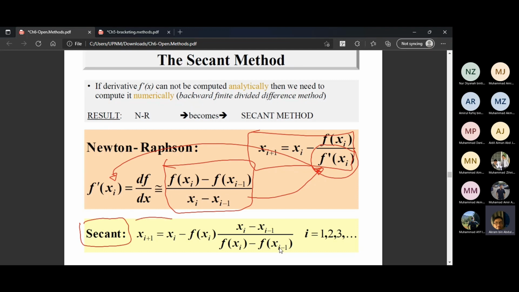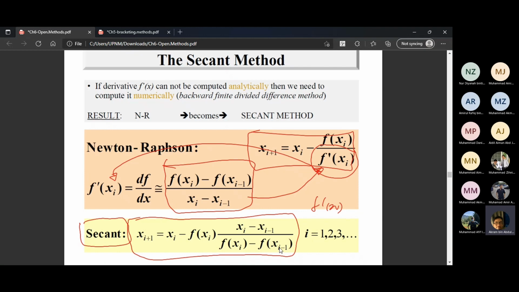So now we have a new method we call the secant method that does not depend on the derivative function. You don't need to find f prime x to solve by using the secant method.